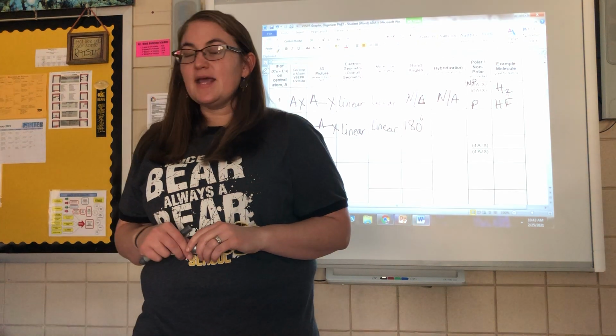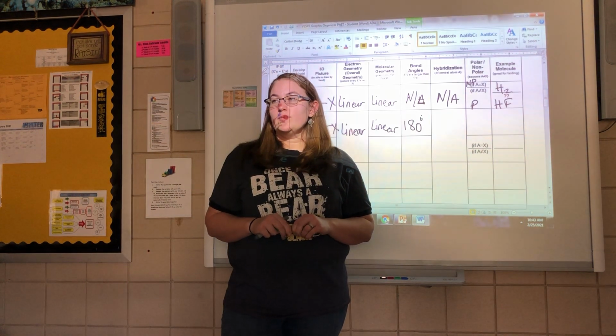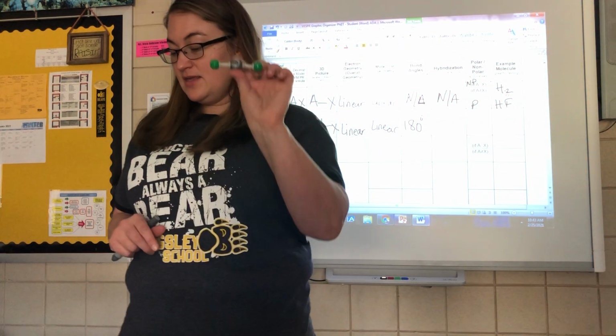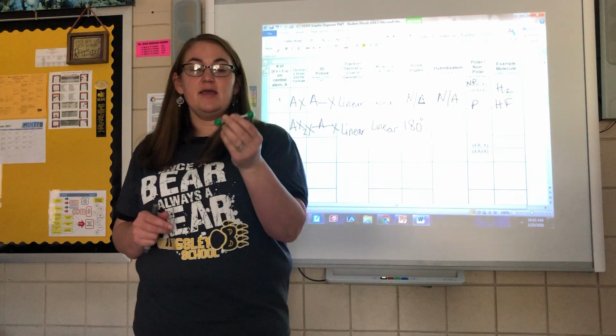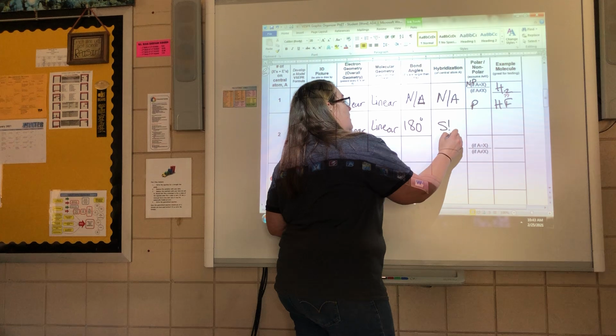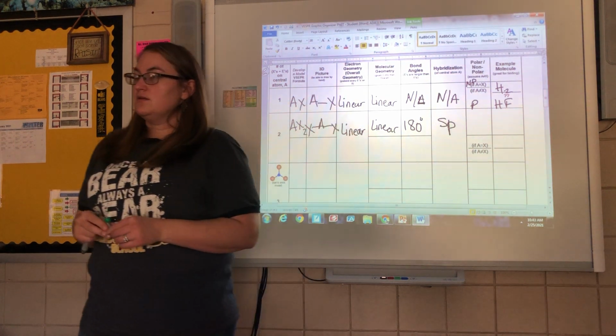Now, when we're looking at hybridization, we're looking at our s orbitals and our p orbitals. And in this, you are going to have a hybridization of s and p. So our hybridization is going to be sp.